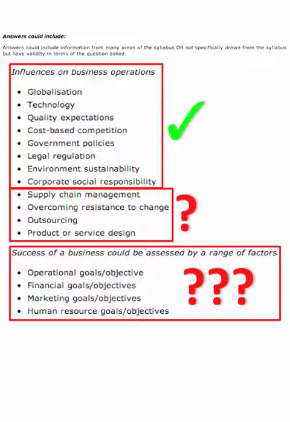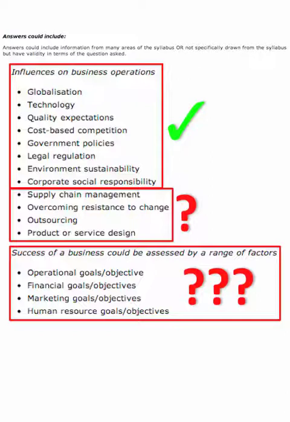The reason for this is that's kind of the twist. The question asks you about influences, but it asks you, how does an understanding of those influences then contribute or lead to a business succeeding? So you kind of get to measure how a business measures its success. So you might say, okay, financial goals.